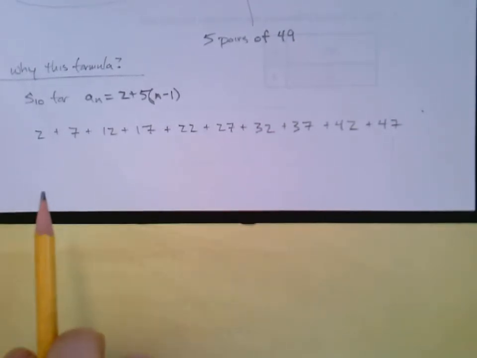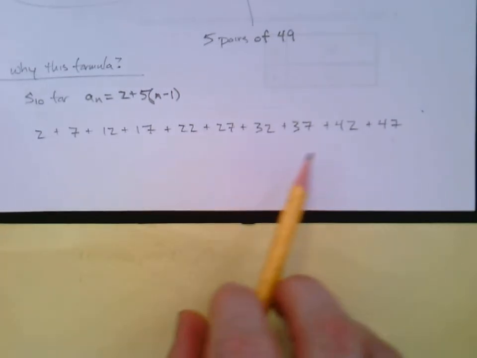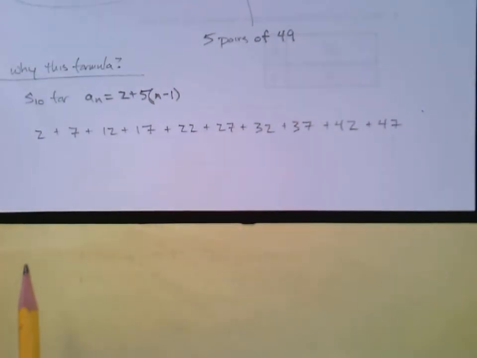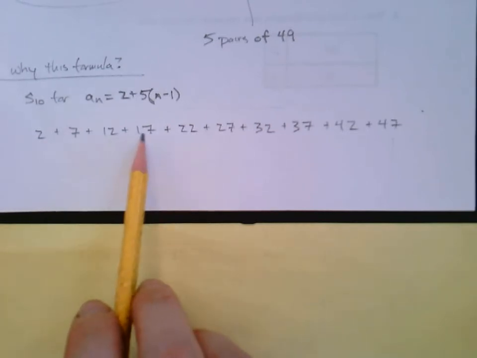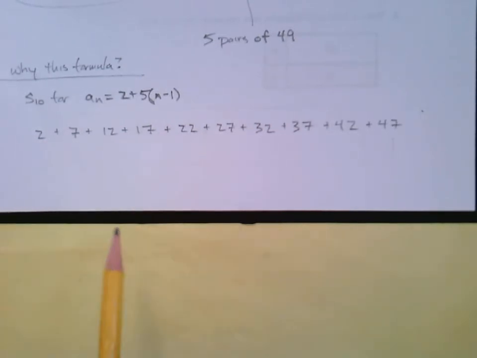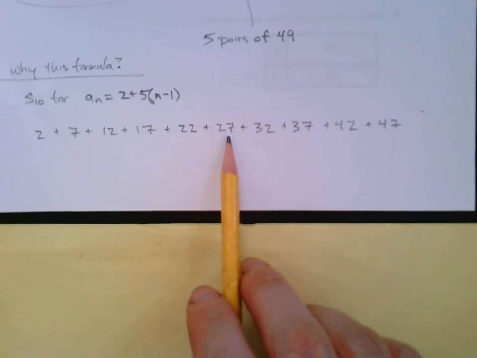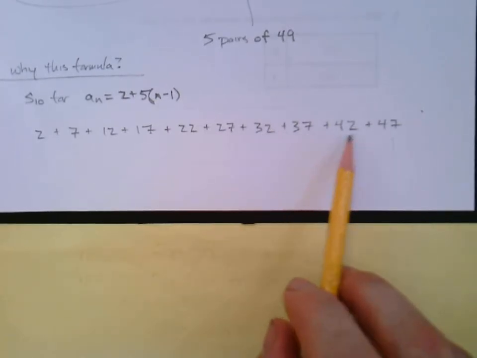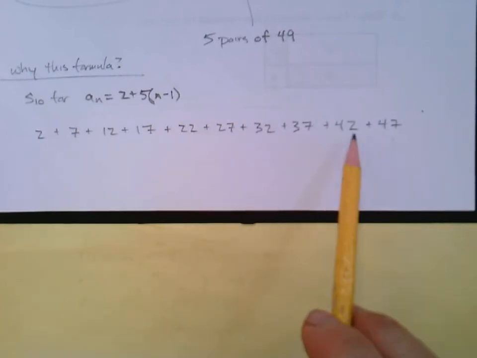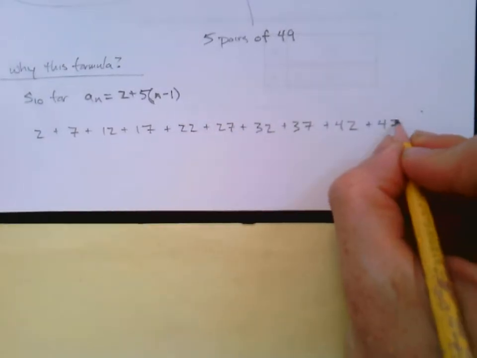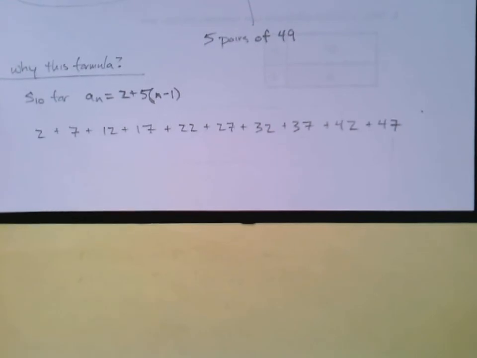So if I just went and listed out the first 10 terms of that sequence, that series. So remember it was 2, 7, 12, 17, 22. Then if we kept going, 27, 32, 37, 42, 47, and that is 1, 2, 3, 4, 5, 6, 7, 8, 9, 10 terms. Okay.